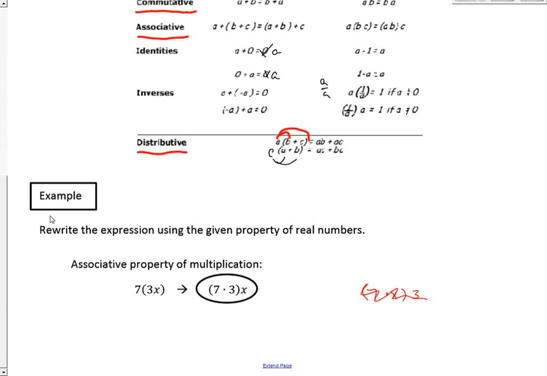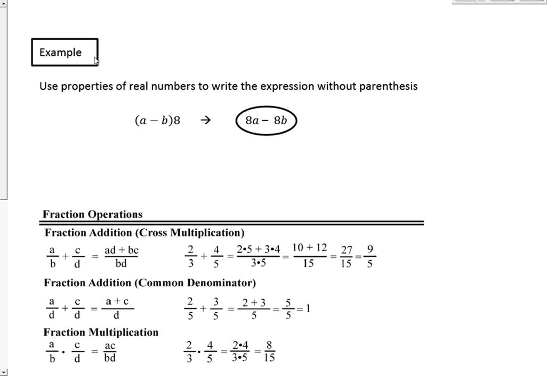So let's look at the next example here. Use properties of real numbers to write the expression without parentheses. When we look at this, we need to realize that this is talking about the distributive property. When we do the distributive property, we take the number that's on the outside.